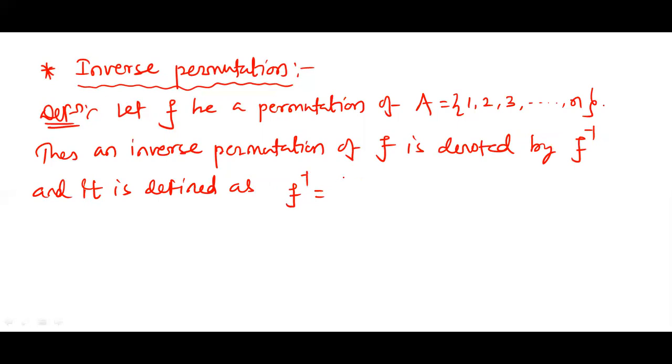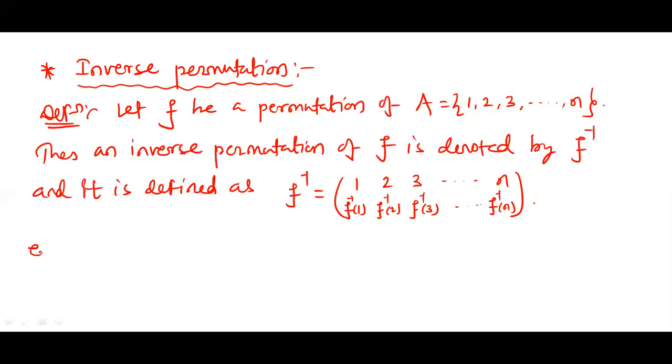F inverse. It is also a permutation in which the first row contains elements of A and the second row is nothing but the images under the function F inverse: F inverse of 1, F inverse of 2, F inverse of 3, and so on, F inverse of n.